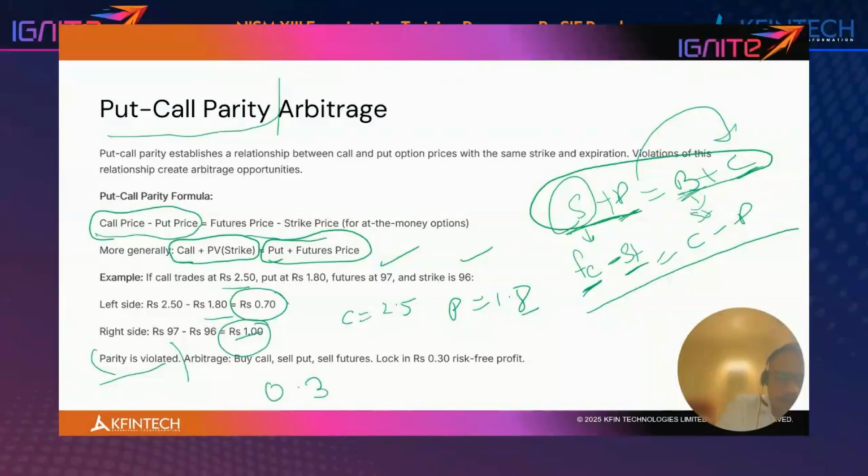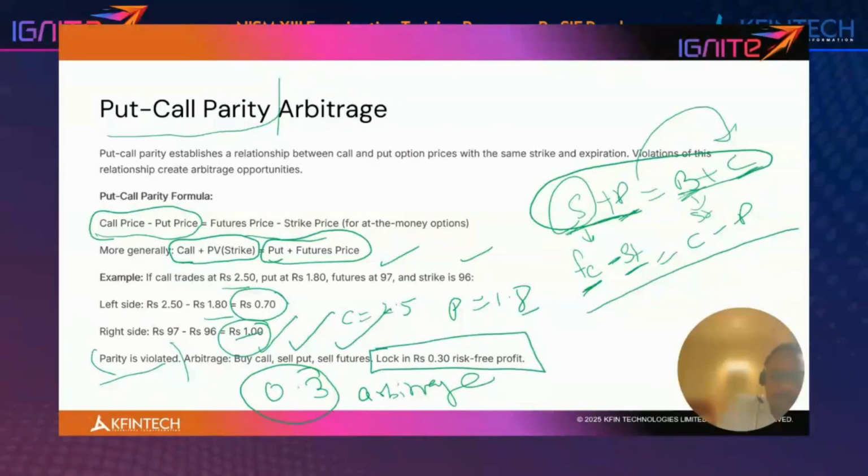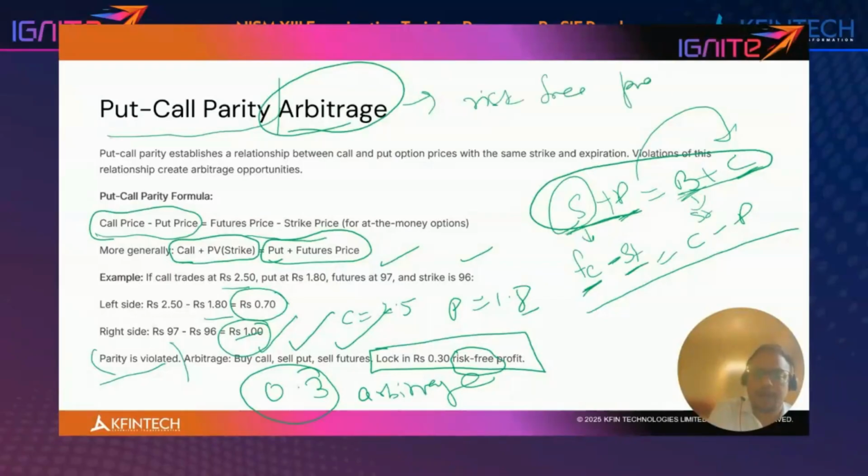So to exploit this 0.3 arbitrage, you will buy the call, sell the put, sell the futures and lock in 0.3 as a risk-free profit. Why is it risk-free? Arbitrage by definition means a risk-free profit, because it is taking advantage of the mispricing in the market. So again, this is the formula.